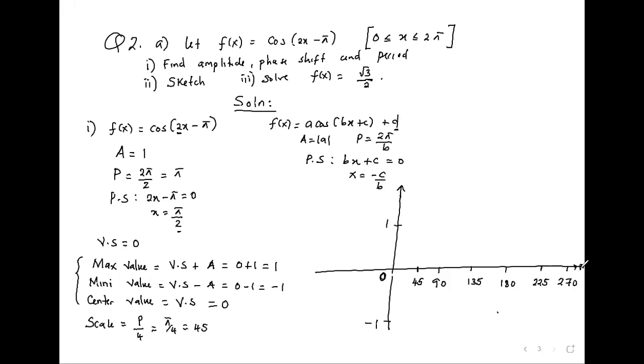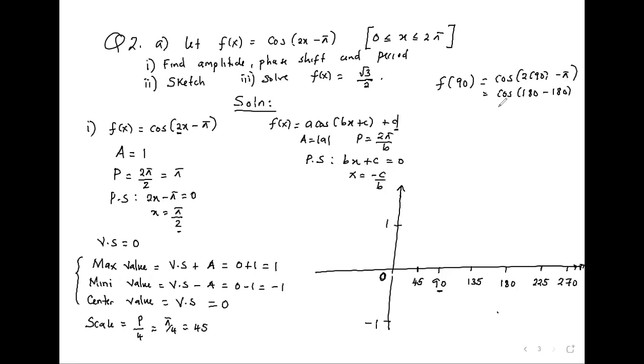Okay. Then you substitute just one angle. Let's pick the first shift, 90, and substitute in the function. So what is f of 90? F of 90 is cos of 2 times 90 minus pi. That is cos of 180 minus 180.